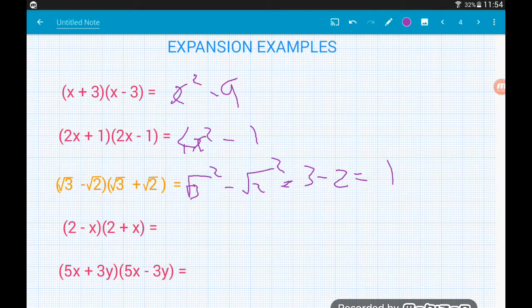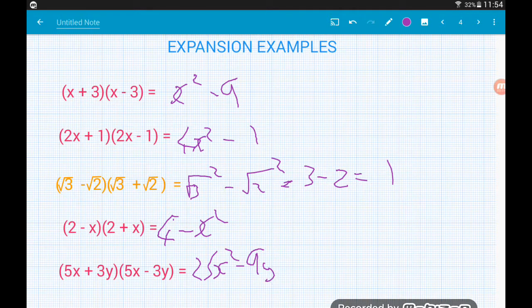What about 2 minus x times 2 plus x? Well, that's going to give us 4 minus x squared. And then 5x plus 3y times 5x minus 3y. Well, 5x squared is 25x squared. 3y squared is 9y squared.